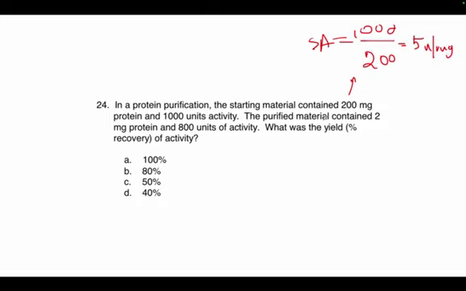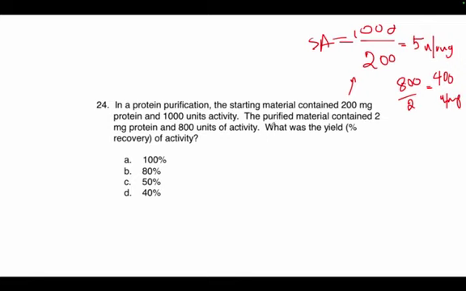The purified material contained 2 mg protein and 800 units of activity. So specific activity for this, 800 units upon 2, is going to be 400 units per mg.